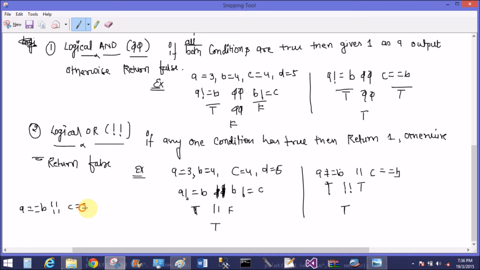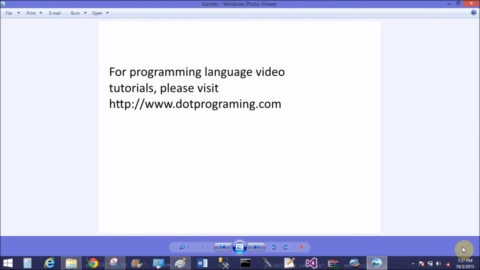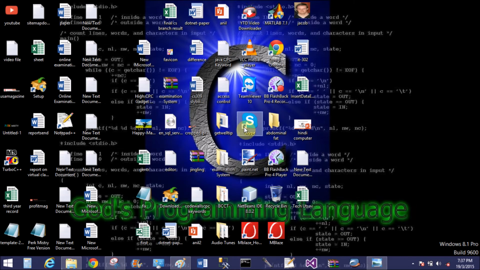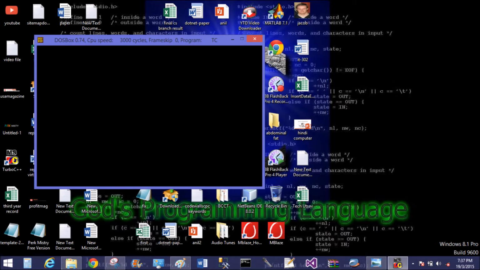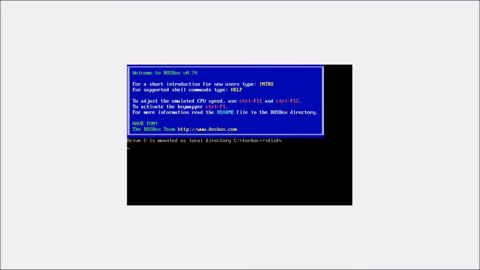A is double equals to B or C is double equals to D, both are false, then it gives false as output. So according to the definition, if any one condition is true, then return true as output, and if all conditions are false, then return false as output.